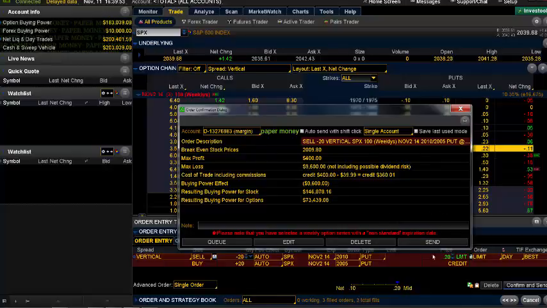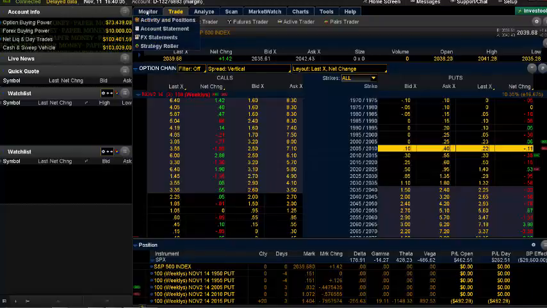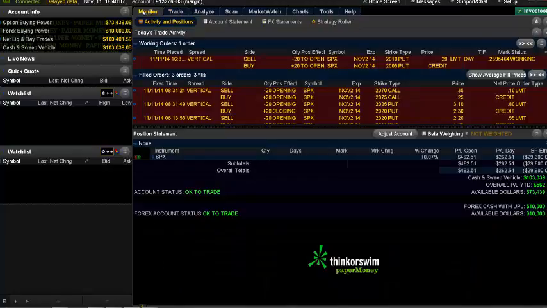So now we're going to execute the trade. We're going to send it. The market is closed at the moment, so it will sit in the order queue until the morning. So we have one working order there, which will execute in the morning at that price if the market is at that price.